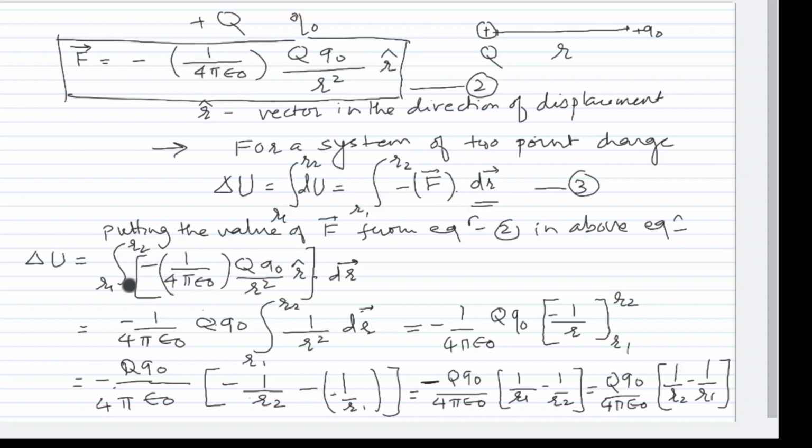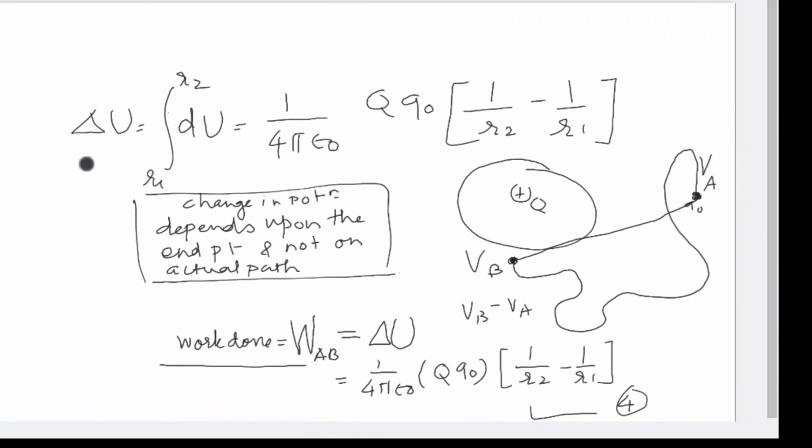Putting this value of F here, we will get this equation, and after simplifying it we will get the equation that is equal to this. Okay, so the change of potential energy is nothing but the work done. So work done is from point A to B only. So the work done from A to B we have written, and delta U is equal to 1 upon 4 pi epsilon 0 q0, as it is the equation we kept here, that is equation number 4.